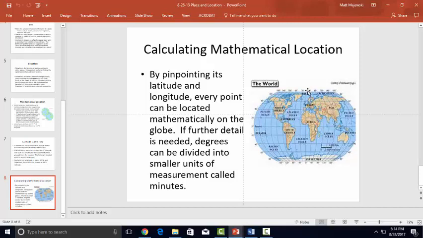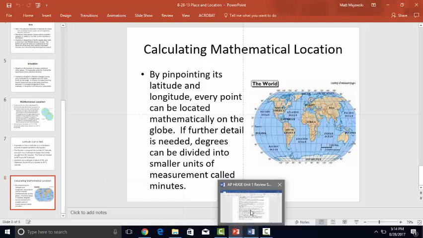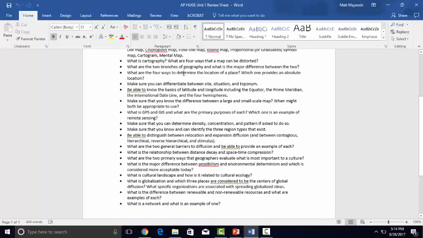Alrighty, so ultimately, on the other side of the Earth from the prime meridian, running north and south, is the international dateline. Alrighty, so latitude and longitude, we did a lot of practice with it. I don't think I need to spend a great deal of time going over it, because I hope, at this point, that we remember it. We know the equator, 0 degrees latitude. We know the prime meridian, 0 degrees longitude.